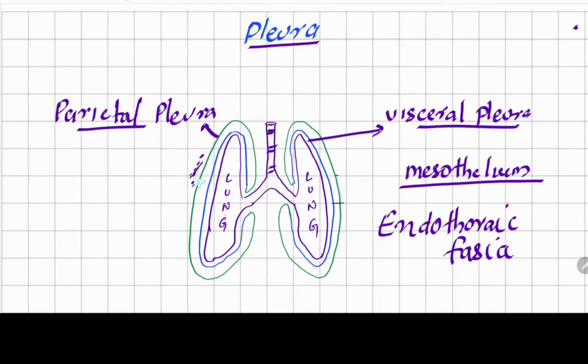There is the endothoracic fascia. Outside the endothoracic fascia, we have the ribs and intercostal spaces. So these are the ribs, anterolaterally on either side, and posteriorly there is the vertebral column. So here is the intercostal space, and in between there is a connective tissue known as the endothoracic fascia.